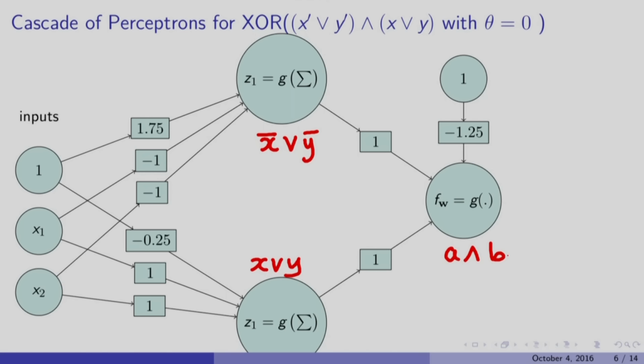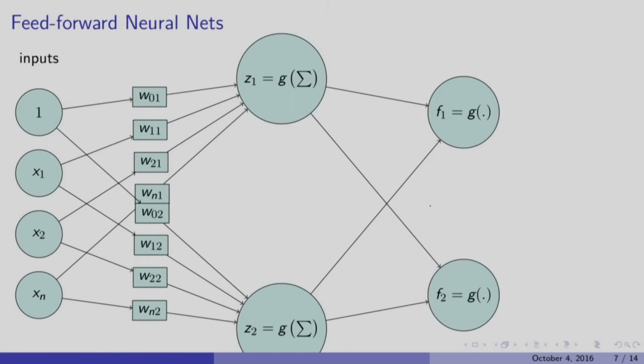It is not a linear cascade, so there are two linear separators which put together give you a third linear separator. And this is the general architecture of feed-forward neural networks. You have an input layer.